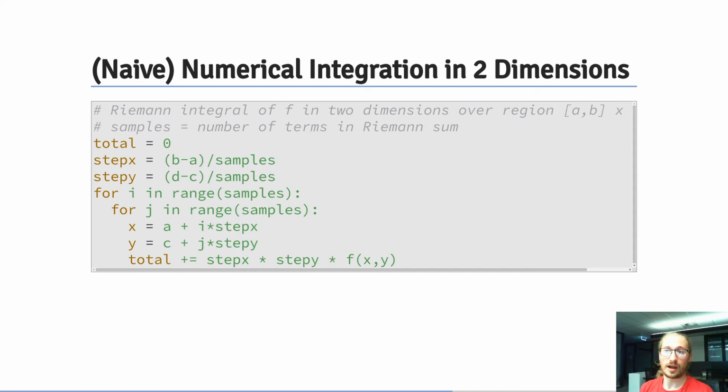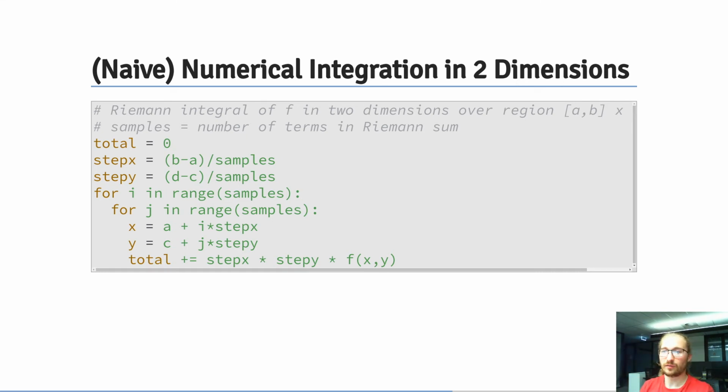The step size for y will be the height of the rectangle, d minus c, divided by the number of samples. And then we have to double for loop over both width and height. We compute x, which is the left-hand side of the rectangle plus however many steps in the x direction. We have to compute y, which is the bottom of the rectangle plus however many steps in the y direction.